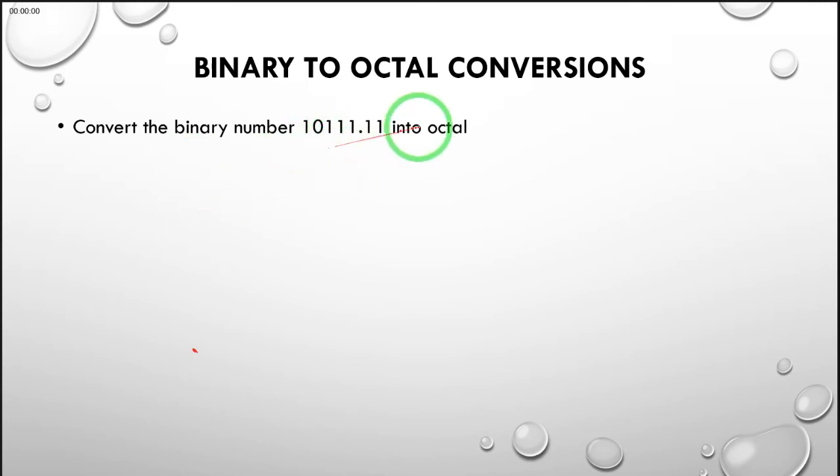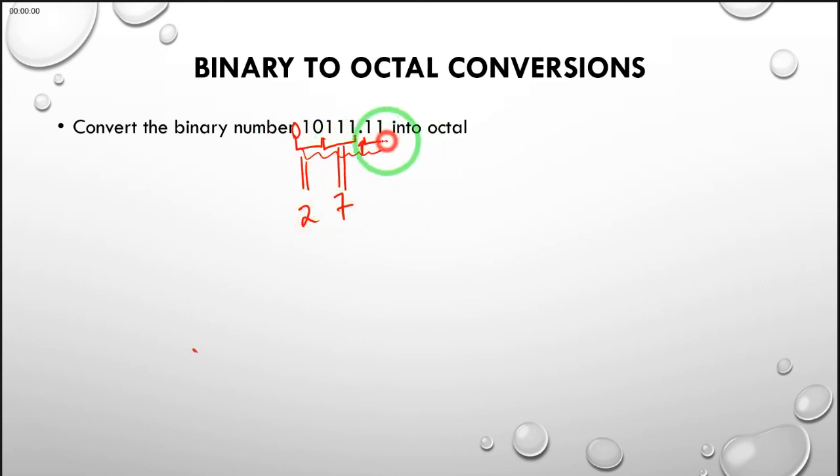And now in this case we have a binary number with a fractional part, and we will follow the same idea. From the decimal point, this one, we group the whole part into groups of 3. So we have the first group of 3 equivalent to 7, and the second group of 3, these are 2, so you can assume we had a 0 there, and this is equivalent to 2.